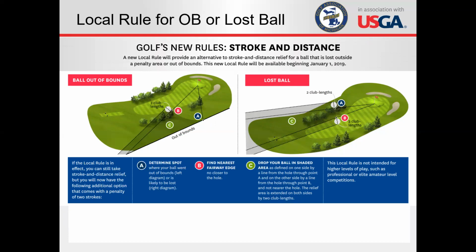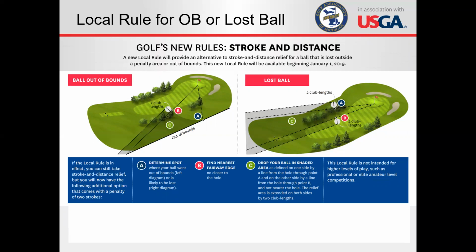That's going to be your outer edge, and you go on a line back with the hole, using the point from A, to create the shaded relief area, which is marked by C there. So the points you're really using are A and then two club lengths from point B to determine that relief area.